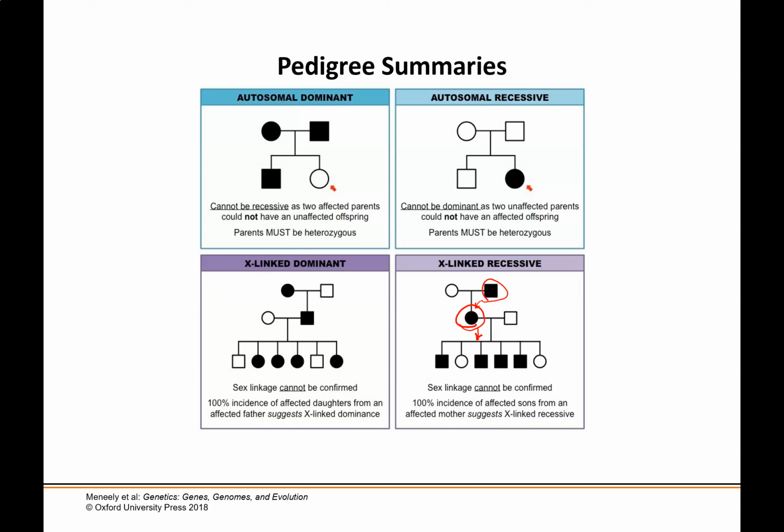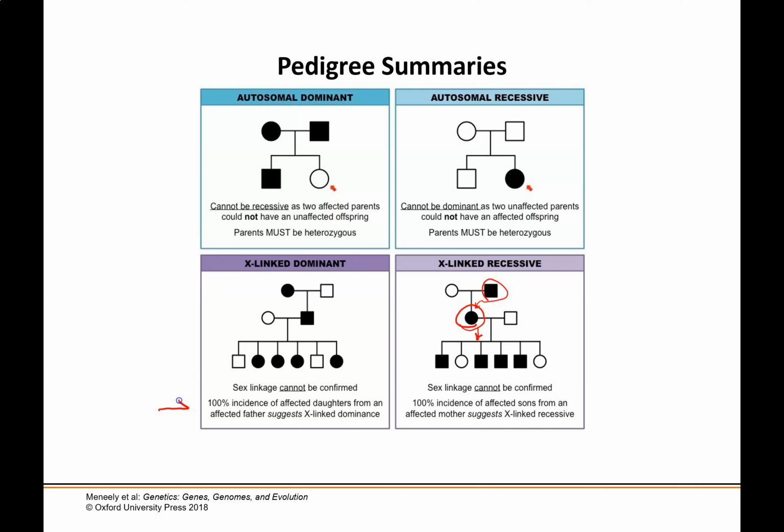The key thing with these X-linked traits is that you can't 100% confirm that they are X-linked based on the inheritance pattern. And this is just due to the fact that you can have both sexes with the trait. And so really to confirm an X-linked gene, you have to map it to the chromosome. You have to sequence it, or you have to do mapping, which we have not done yet.